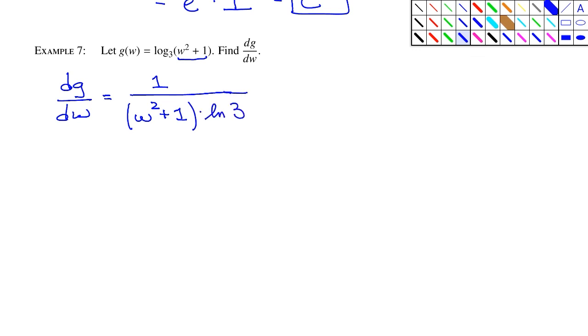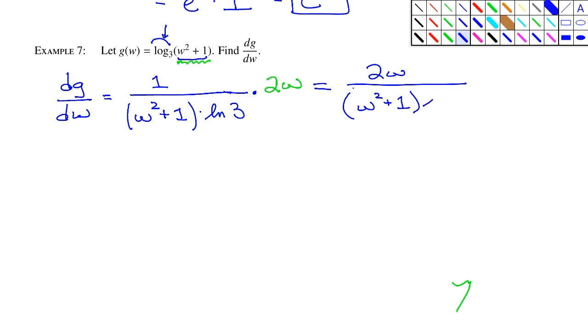Now that just completes the derivative of the outer function, which is log base 3. Now, by the chain rule, we have to take the derivative of the inside part, which is w squared plus 1. And the derivative of w squared plus 1 is 2w. And so we just rewrite this as 2w over w squared plus 1 times the natural log of 3.